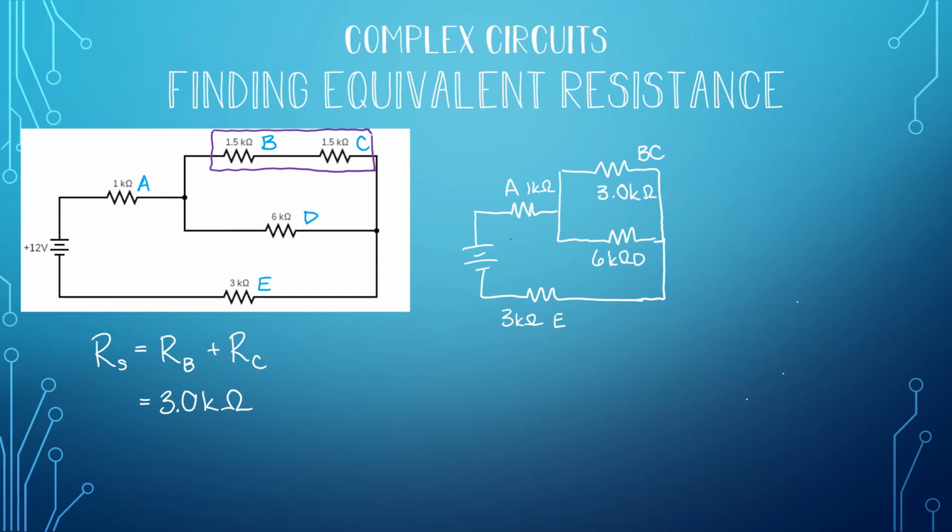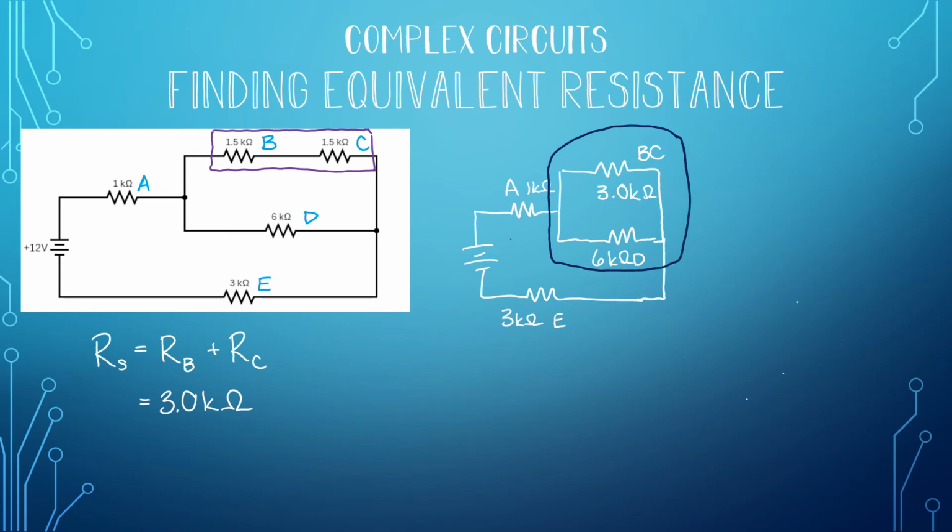I'm going to repeat this process again, combining 2 resistors that are either in series or in parallel with each other, but paying attention to my new circuit diagram rather than my original one. If I look at this new circuit diagram, I notice that I actually have 2 resistors that are in parallel with each other.